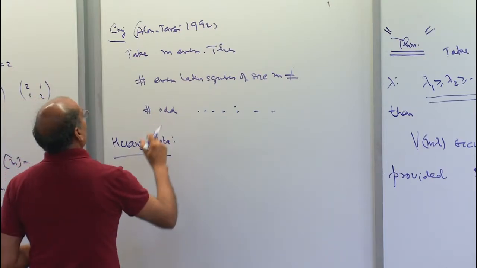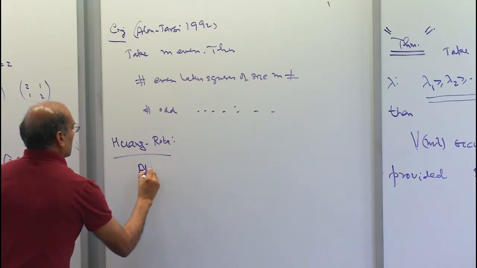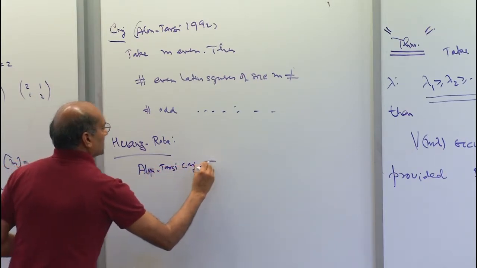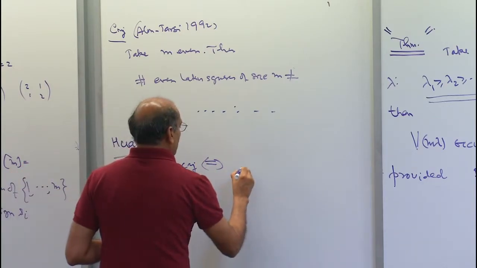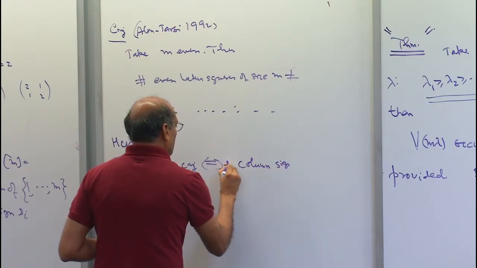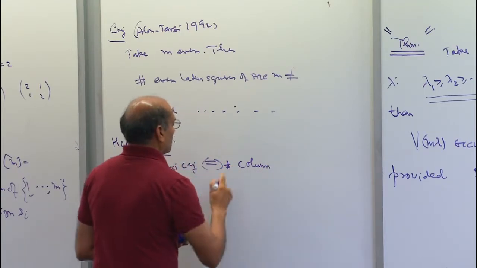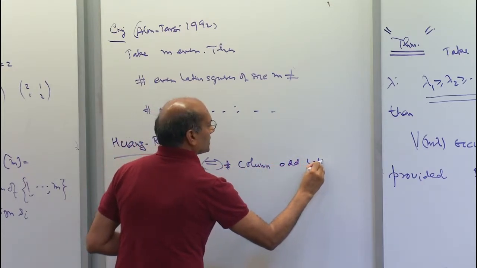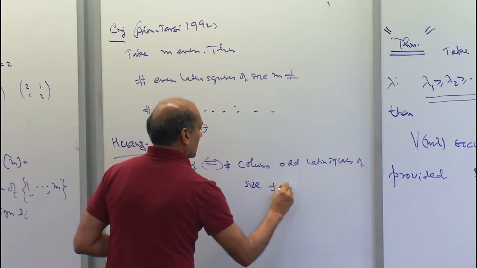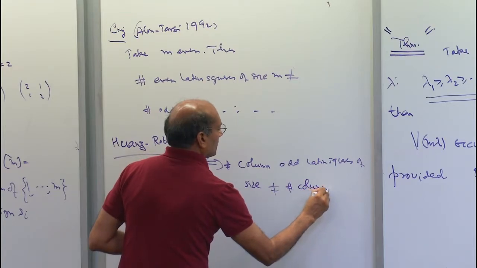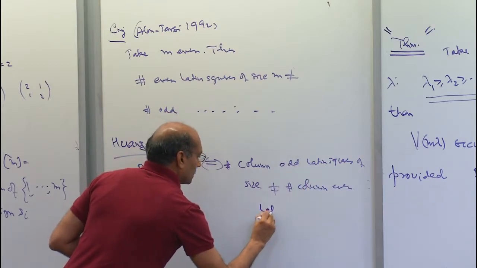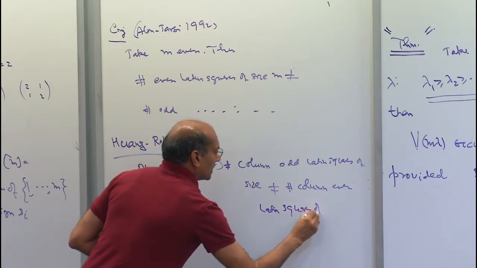It said that the Alon-Tarsi conjecture is equivalent to saying that the number of column odd Latin squares of size m is different from the number of column even Latin squares of size m.